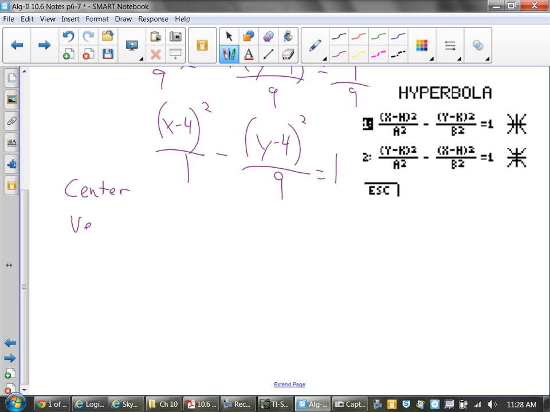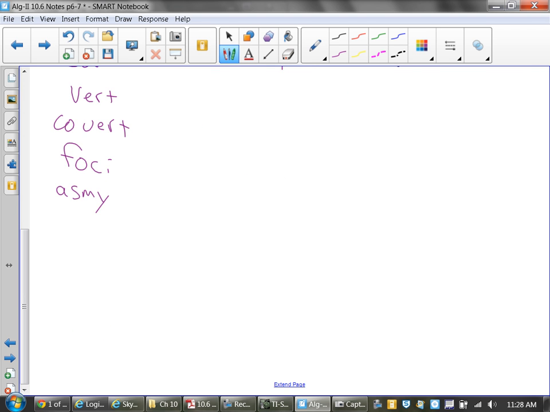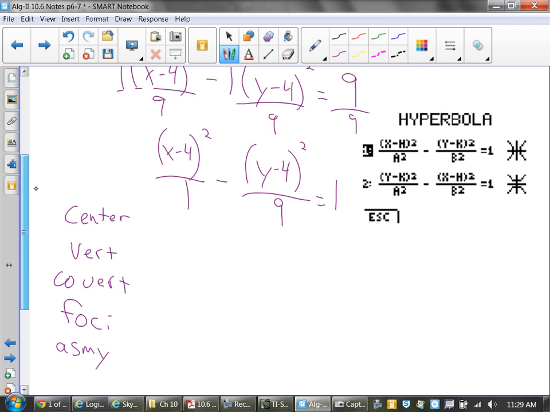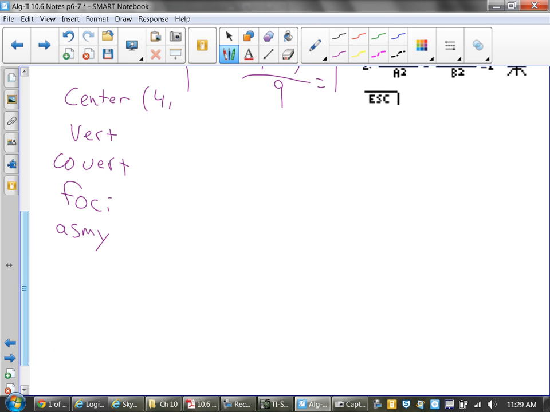We got to do vertex, the co-vertex, the focus, and then we have to do the equation of the asymptotes. There's a lot going on. So we start out with the center. Center was at what? 4, 4? Center's at 4, 4.